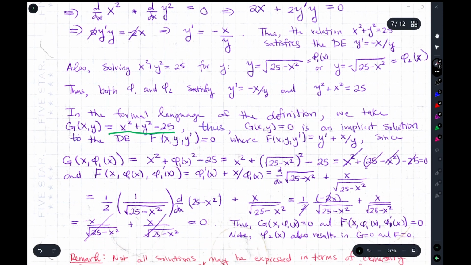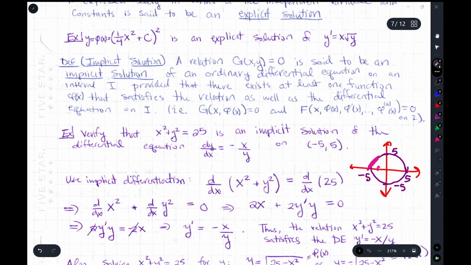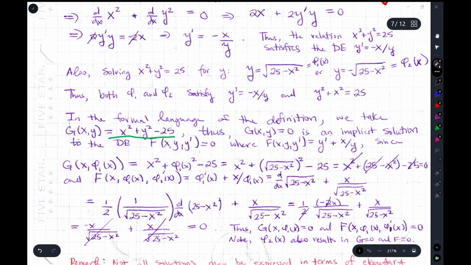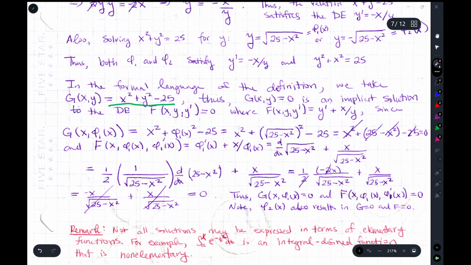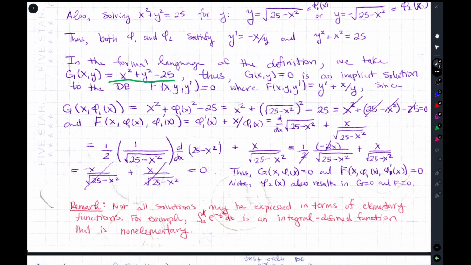Okay? And here I explicitly write out what that f is, just because this definition uses it. And notice here, when we do put phi 1 or phi 2 into g, then we will get 0 at the end there.